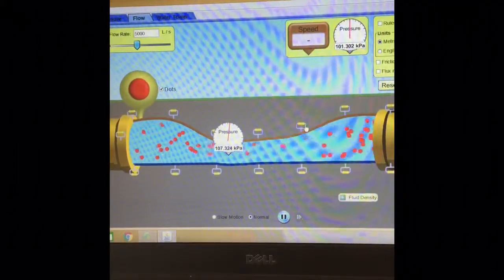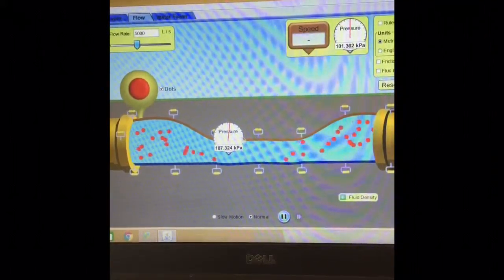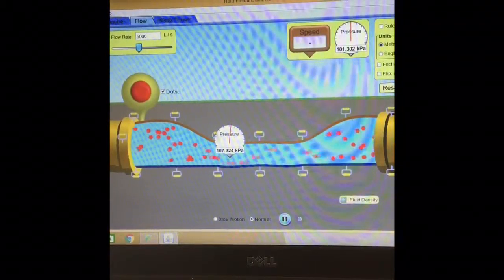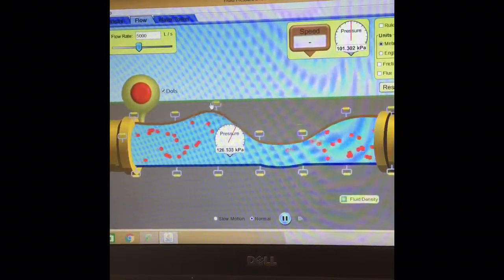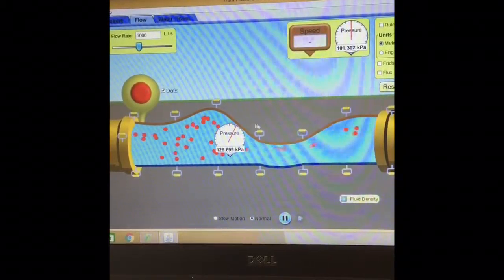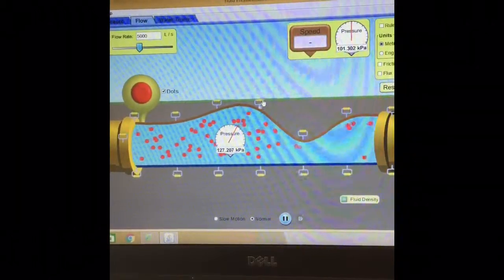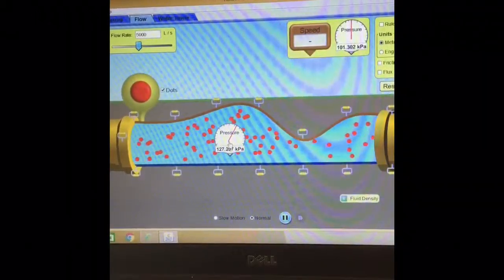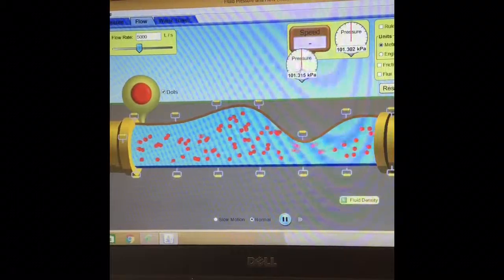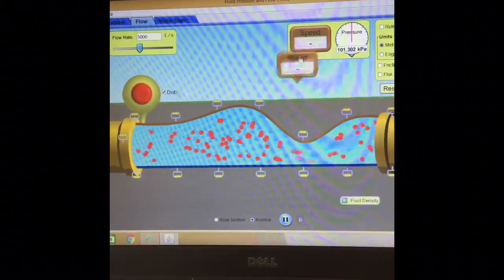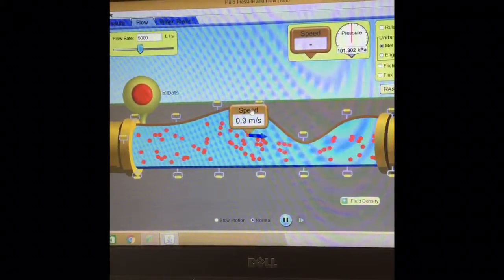So notice the pressure decreases with the area. Now, vice versa. If you increase the area, then the pressure increases as well. This shows Bernoulli's principle. But now think about this. This makes sense because as you increase the velocity, you are increasing the force in that direction. So the pressure will increase as a result.